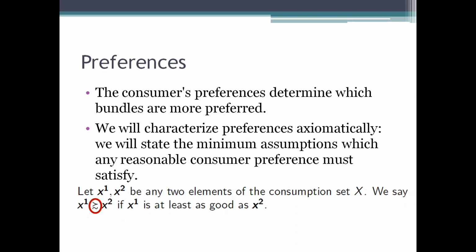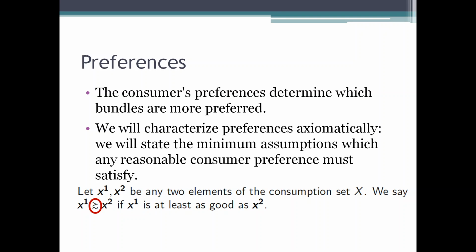consistent, reasonable consumer preference. So we will just assume that we have two consumption bundles, X1 and X2, subscript 1 and subscript 2, to be any two elements of the consumption set X. So just assume we have a consumption set X, and within which we have different consumption bundles. We will just work with only two consumption bundles, X1 and X2.